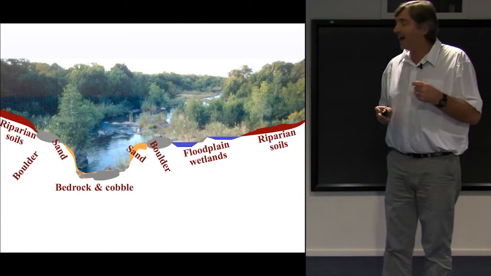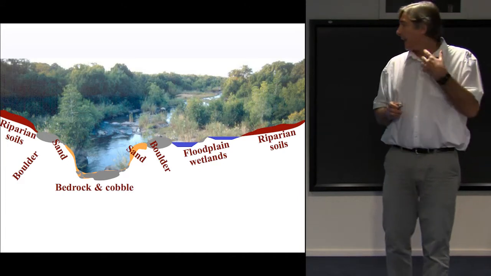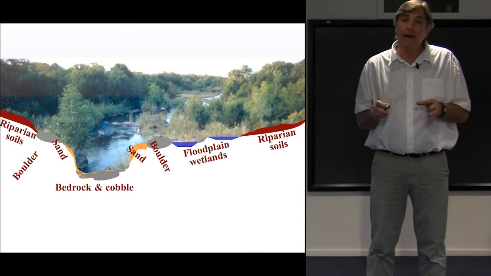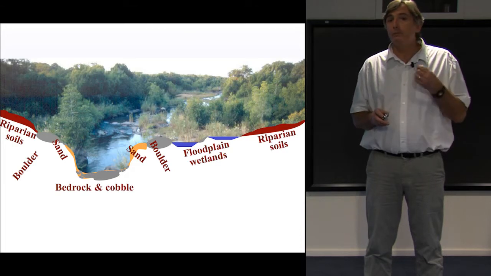So if we take a cross-section across the river and characterize the kind of soils and vegetation and floodplain wetlands that we're seeing there, those are the kind of things we want to try to maintain.